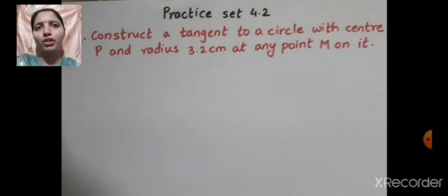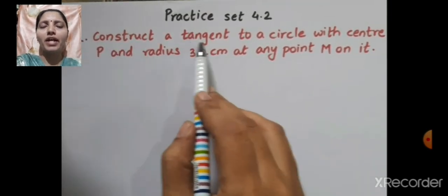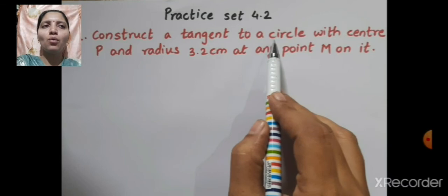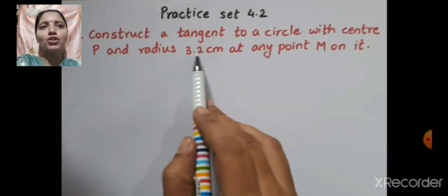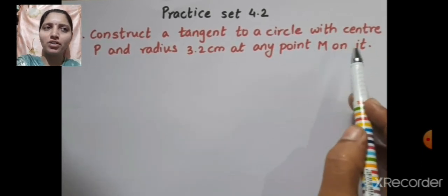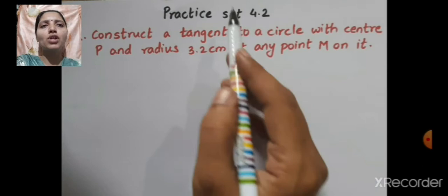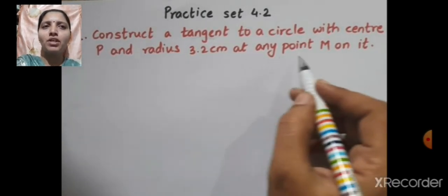Practice set 4.2, first sum: construct a tangent to a circle with center P and radius 3.2 centimeter at any point M on it. So here first you have to draw a circle of radius 3.2 centimeter.